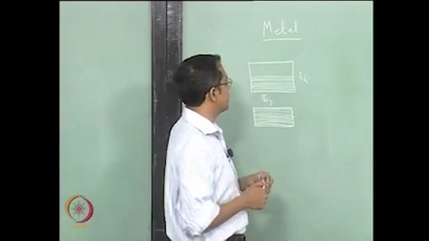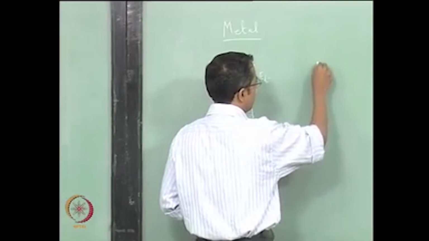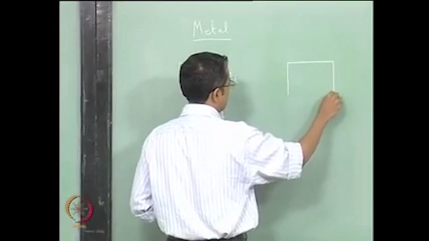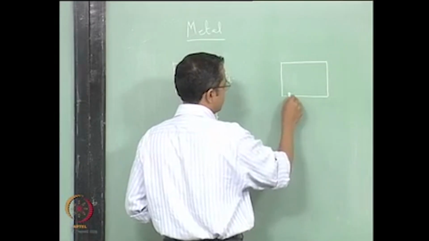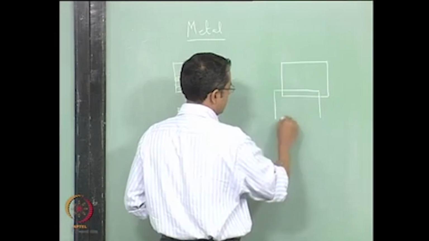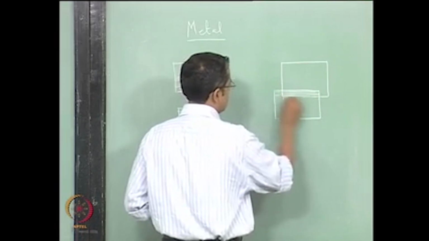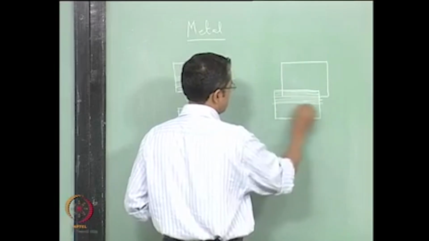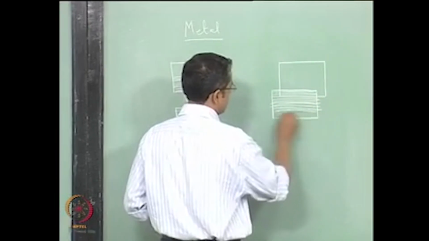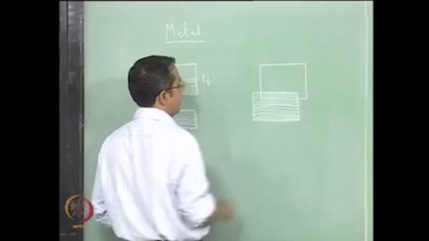The other way in which metals could have their band structure is if they have overlapping bands. I will just displace the bands so that you can see them clearly. So these are all filled levels, and this is a vacant band.